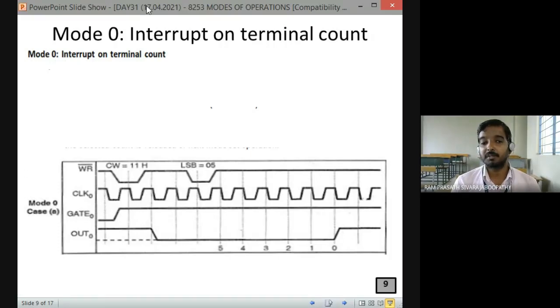The terminal count means when it reaches the value 0000, it is the last count. So terminal count means all 16 bits must be 0 in the counter.